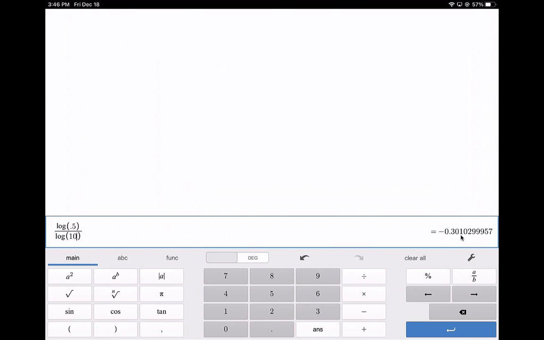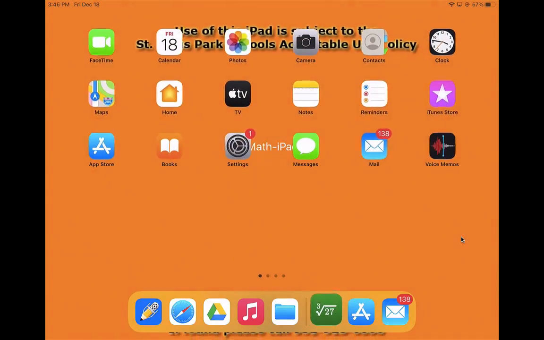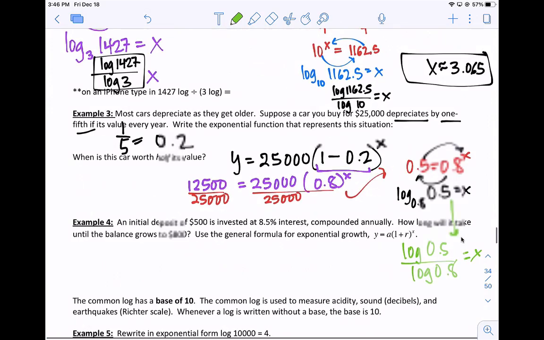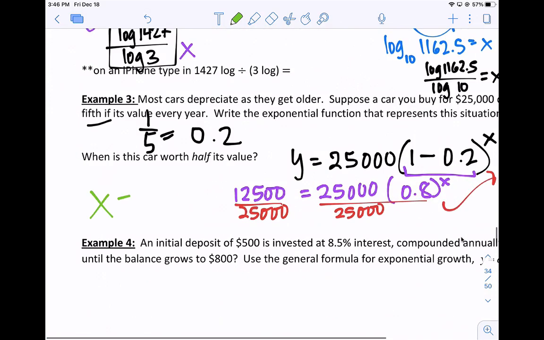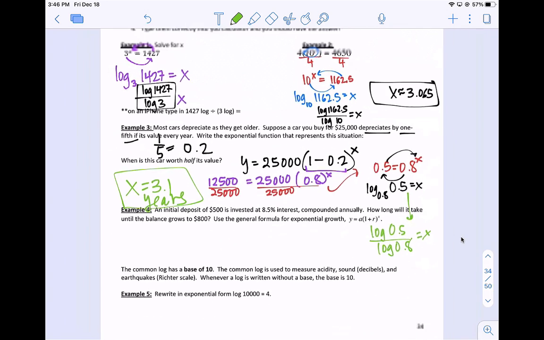So log of 0.5 divided by log of 0.8. And we can see it will take a little over 3 years to lose half of its value if it depreciates at 20% per year. So 3.1 years to lose its value.